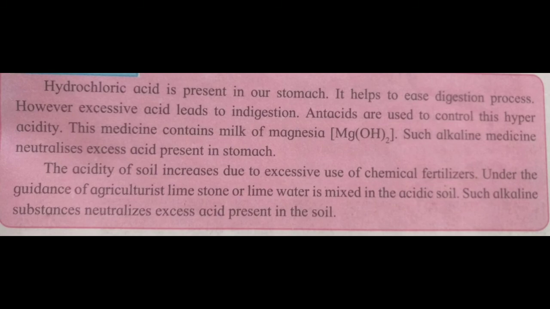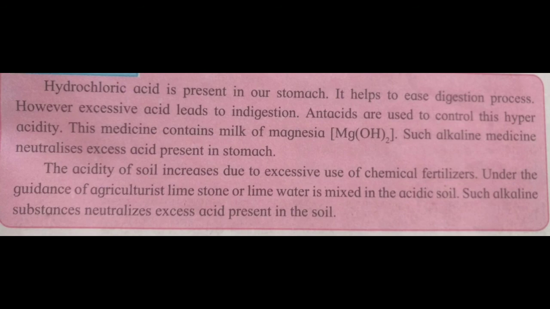Because this medicine, that is antacid, contains milk of magnesia, that is Mg(OH)2, magnesium hydroxide, which is alkaline in nature. The reaction takes place between acid and milk of magnesia, and due to this reaction the excess acid formed in the stomach gets neutralized, and in this way acidity gets cured.